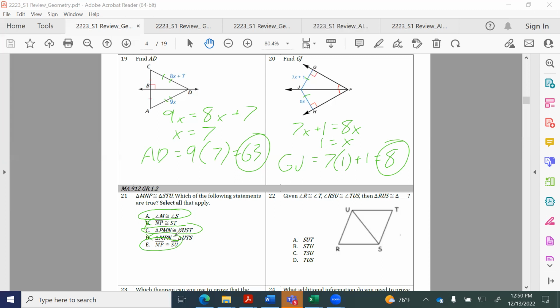On 22, we have angle R is congruent to angle T. Angle RSU is congruent to angle TUS. And it says these two triangles are congruent. How?